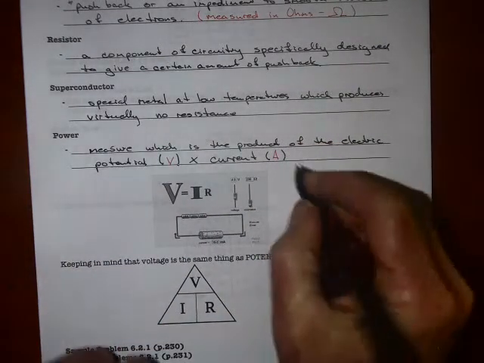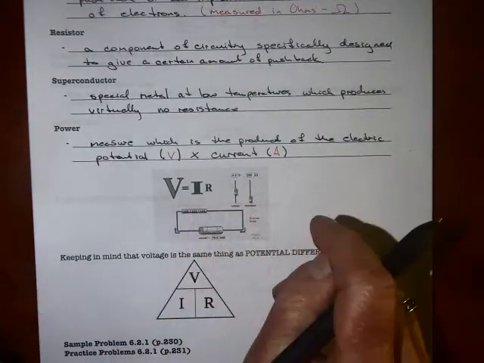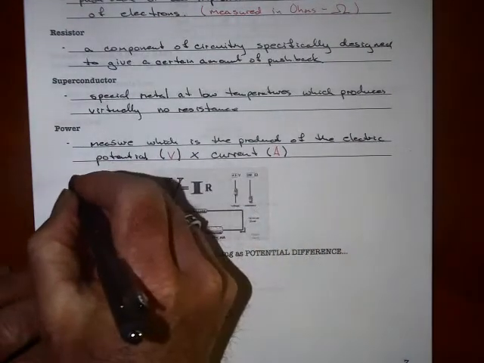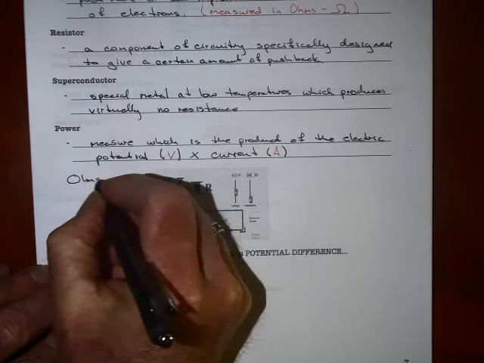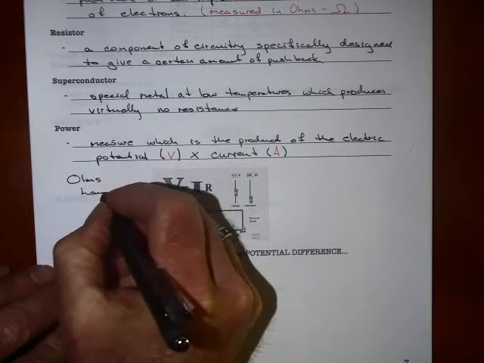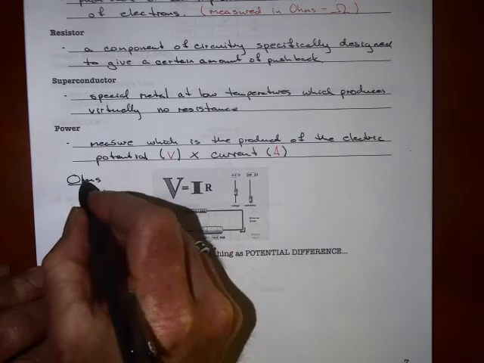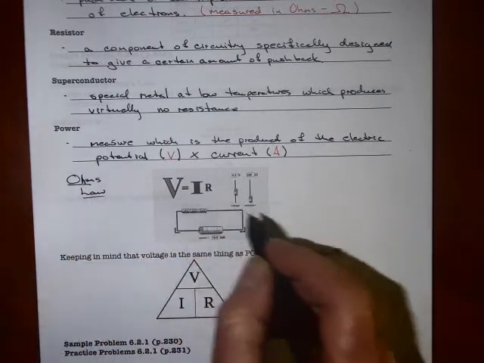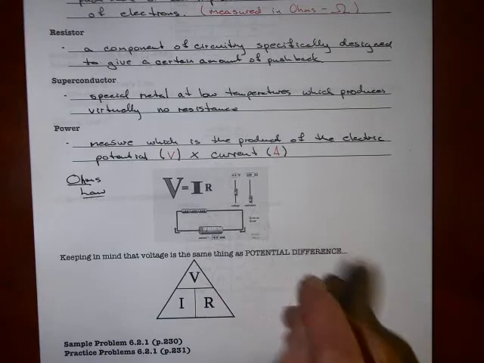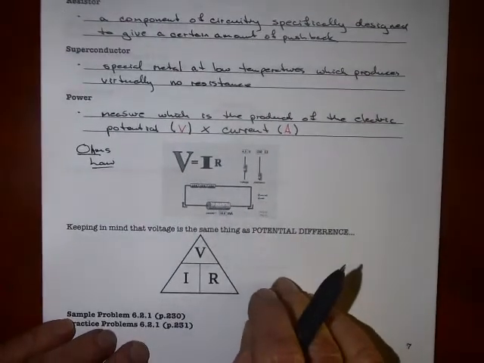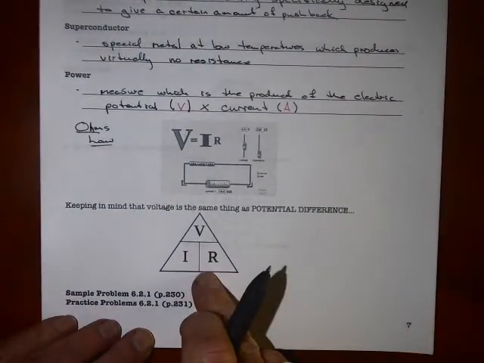So Ohm's law, this is Ohm's law here. That's an H. Ohm's law, V equals IR. And the magic triangle, I would include this on your cheat sheet.